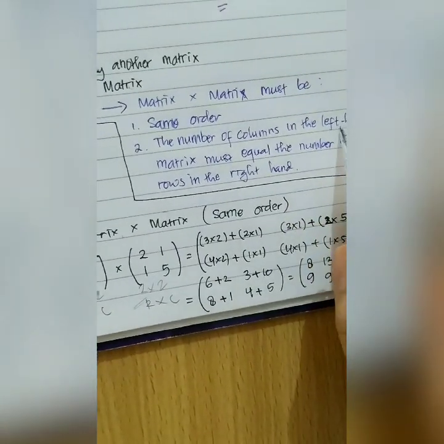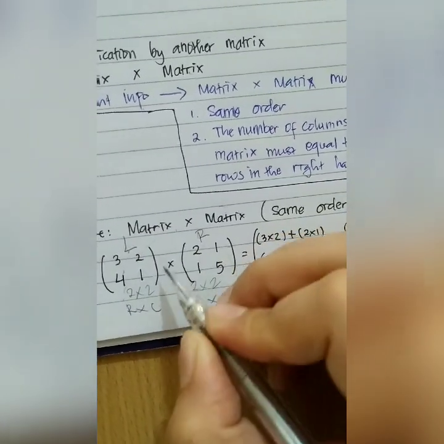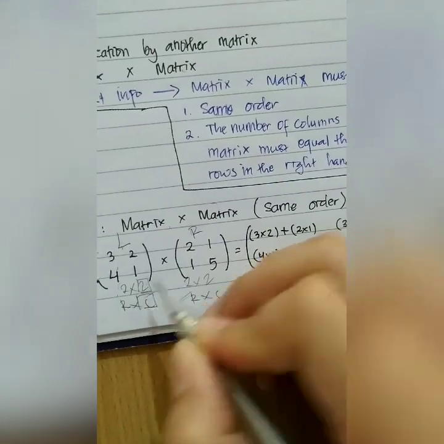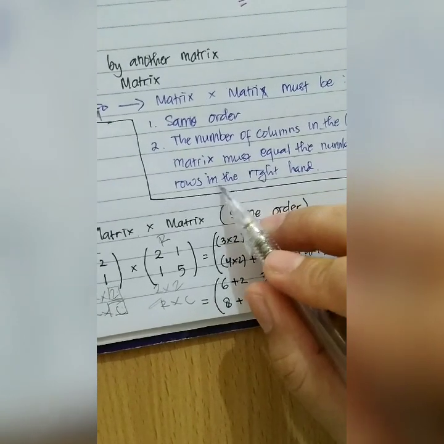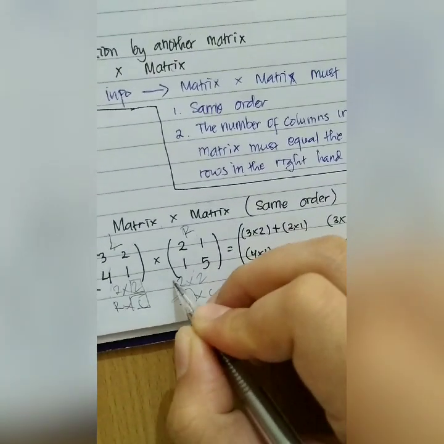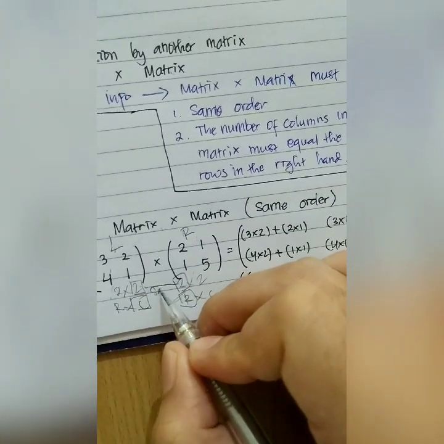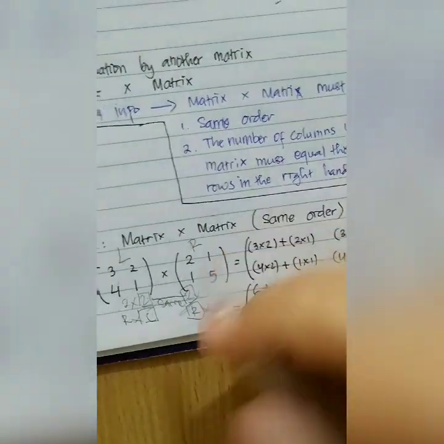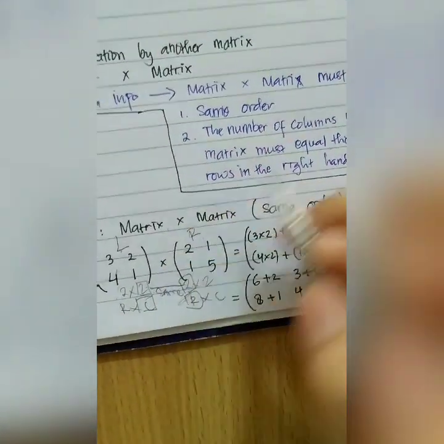So the number of columns in the left, in this case, is 2, must be equal to the number of rows in the right, which is 2. As you can see, 2 and 2 here are the same, so there's no other requirement to prove that both of these matrices can be multiplied.